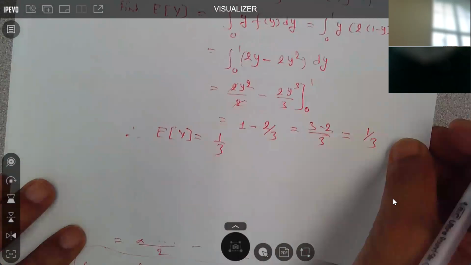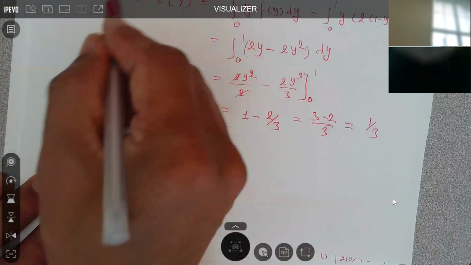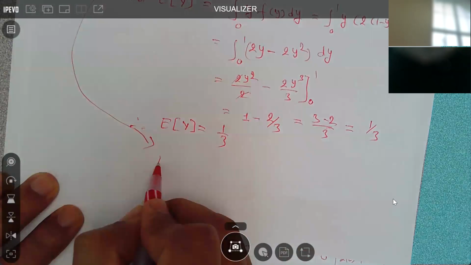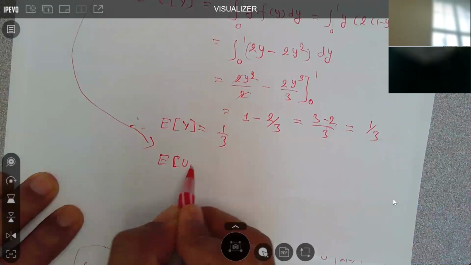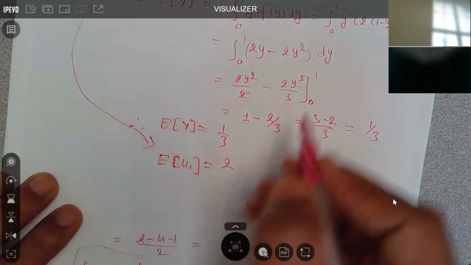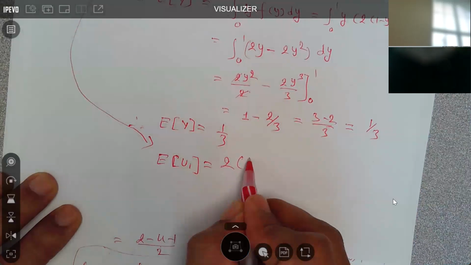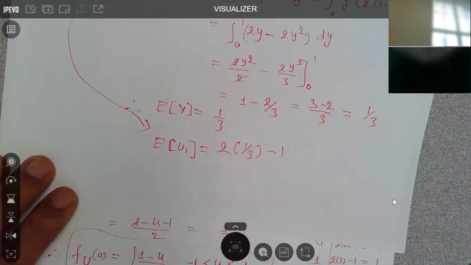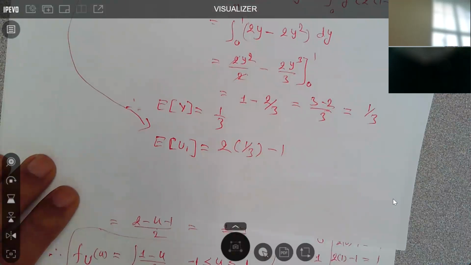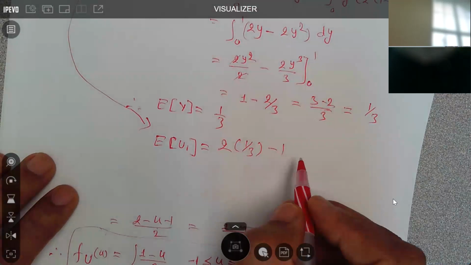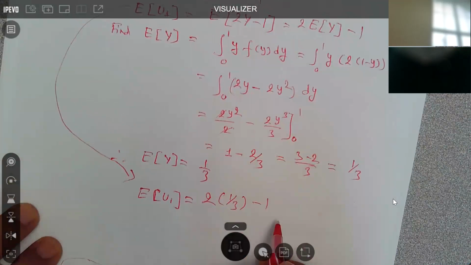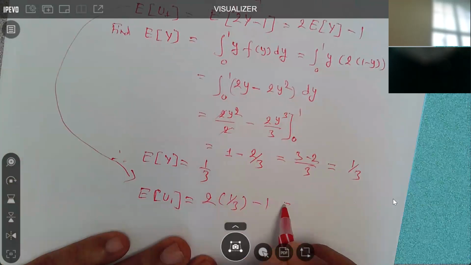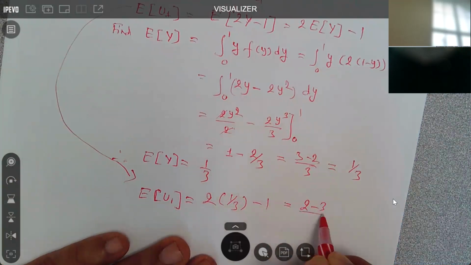Right? Now use this one here. Expected value of u1 equals 2 times expected value of y, 1 over 3, minus 1, right? So this is equal to 2 minus 3 over 3.